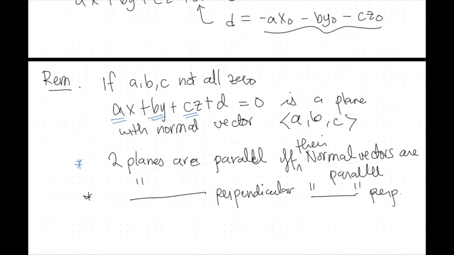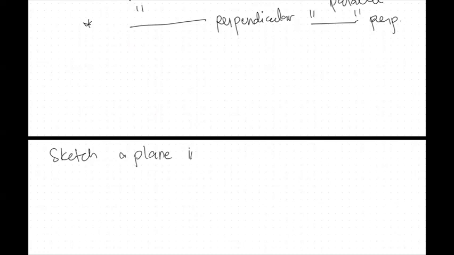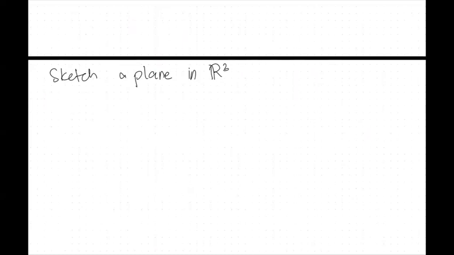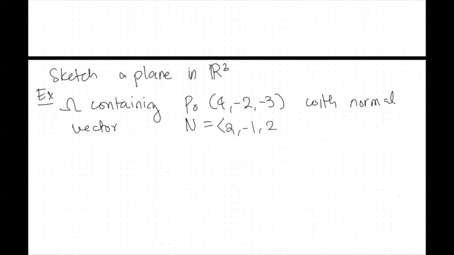Okay. How do you sketch a plane? So sketch. Suppose we have the plane omega containing P0 given by 4, -2, and -3 with normal vector n equal to 2, -1, 2.